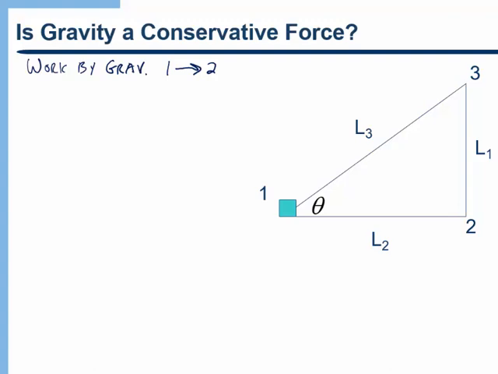We know in general that work is F delta R cosine theta. And let's think about what the direction of gravity is. Well, we know gravity is always straight down, so there's the force of gravity, mg. And if I'm moving the object from position 1 to position 2, that would be delta R.